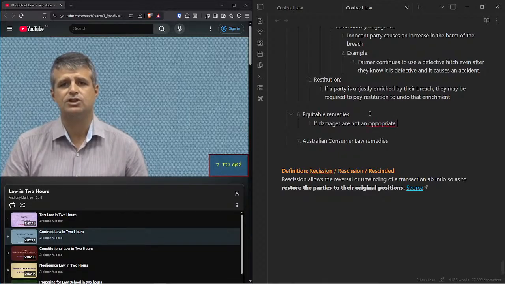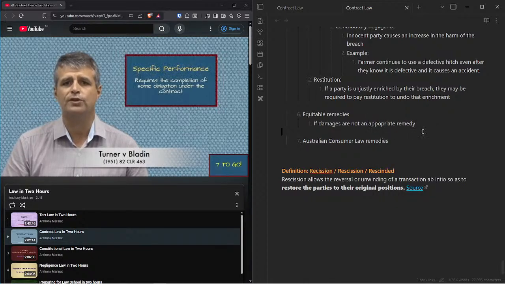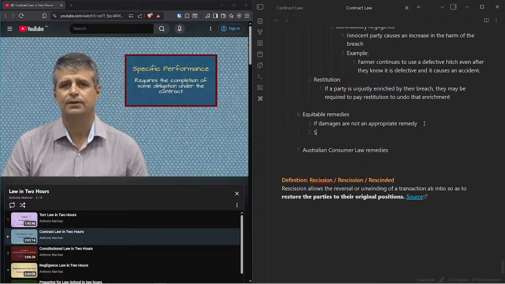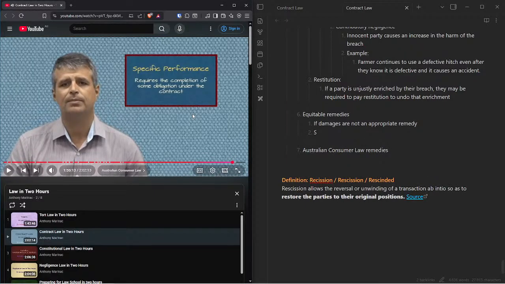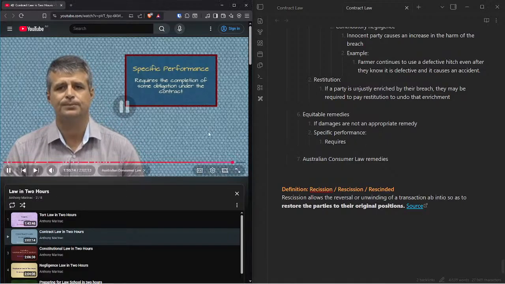The first one to mention is called specific performance. This is where the court orders the breaching party to fulfil one or more of its obligations under the contract. The most common example occurs in real estate sales.